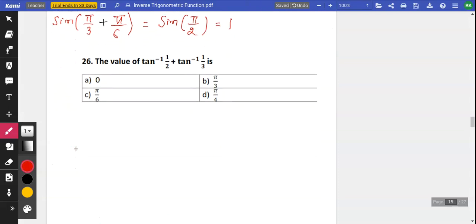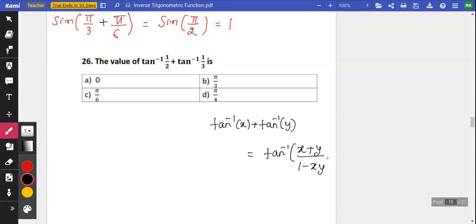In this question, find the value of tan inverse 1 by 2 plus tan inverse 1 by 3. Basically, there is a formula: tan inverse x plus tan inverse y is equal to tan inverse of x plus y upon 1 minus x multiply y.